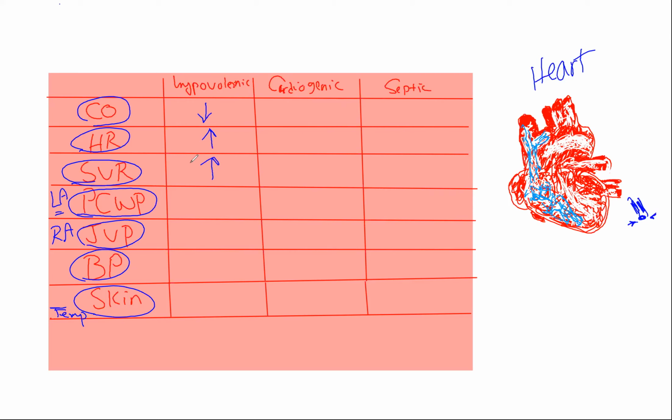What about the left atrial pressure, which is measured by Swan-Ganz catheter, known as pulmonary capillary wedge pressure? It will be essentially decreasing. Why? Because the amount of blood here will be low. So the right atrial pressure will be low also.